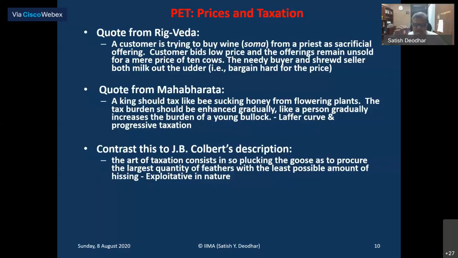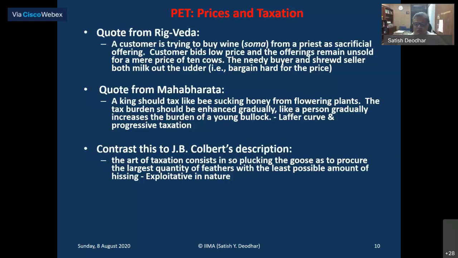But nonetheless, it is exploitative in nature. You are making that bird look filthy. You are taking all its feathers out, right? So that's not in the interest of the goose. Therefore, this doesn't compare well at all to the example of the honeybee.